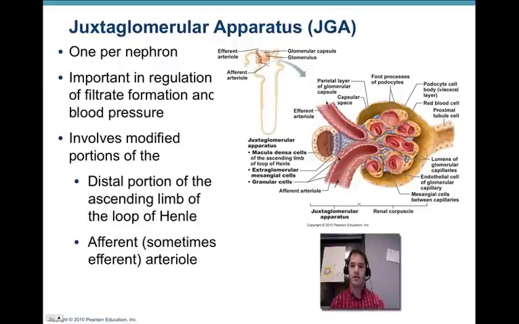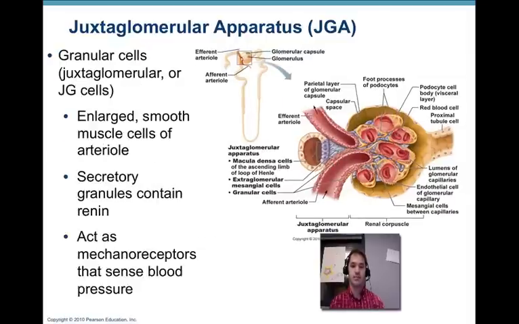And then we've got granular cells, and these are the cells in the afferent arteriole, and these are cells that respond to blood pressure and secrete the hormone renin. So those granular cells are basically enlarged smooth muscle cells of the arteriole, and they have secretory granules that contain renin.